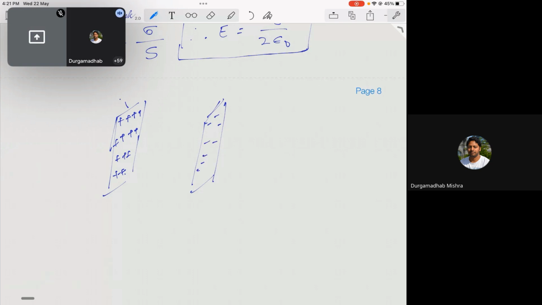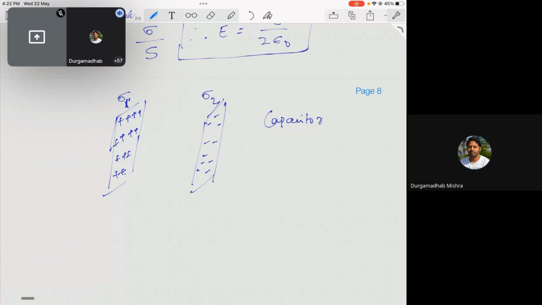So this can be sigma 1, the surface charge density, and this is sigma 2. This basically gives rise to a concept similar to the one you are familiar with, which is the capacitor. Okay. So here we have to explicitly say this is a conducting plate. So you take a conducting plate.